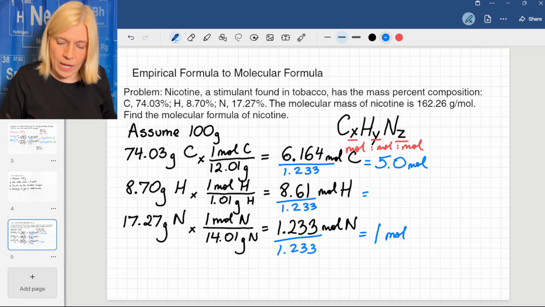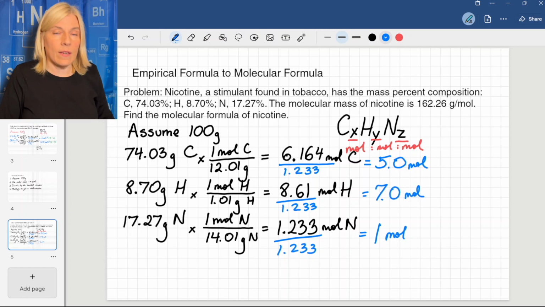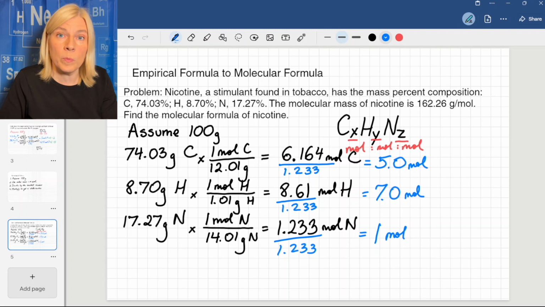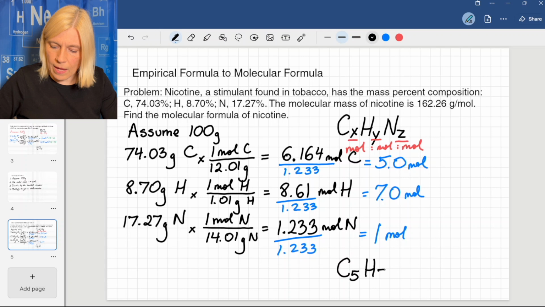I'm going to have 6.98, so it's pretty nice to say it's 7.0 moles. And in this case, I have nice numbers. I do not need to multiply by anything. So my empirical formula of nicotine is C5H7N1.